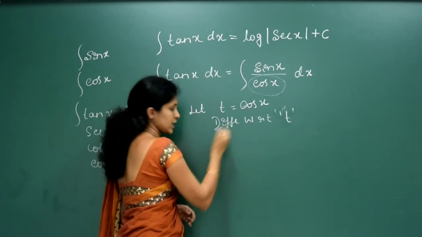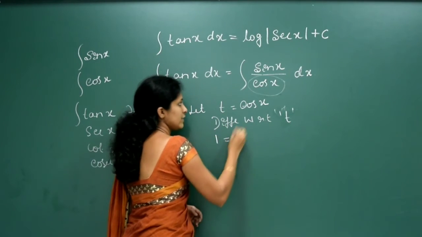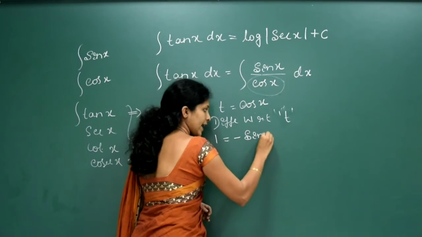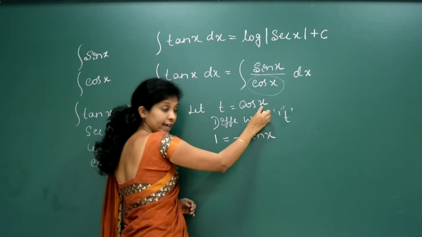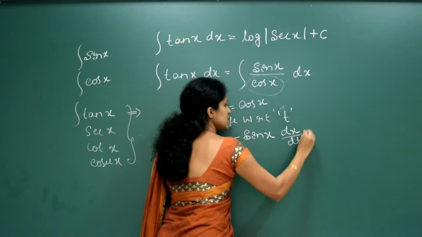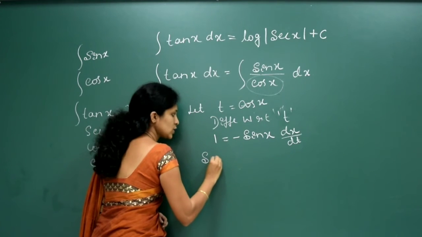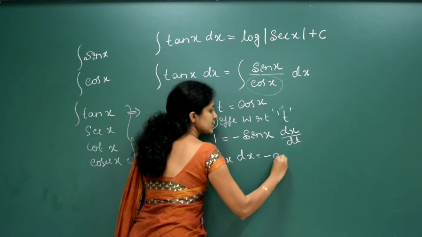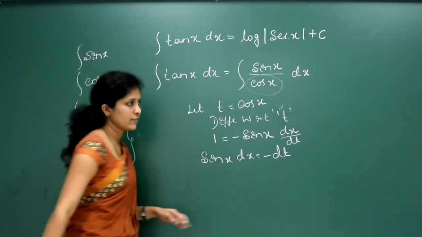Derivative of t with respect to t will be equal to 1. Derivative of cos x will be equal to minus sin x into derivative of x with respect to t, which is dx by dt. By this we can write, sin x into dx is equal to minus dt. Right? Now we will substitute.